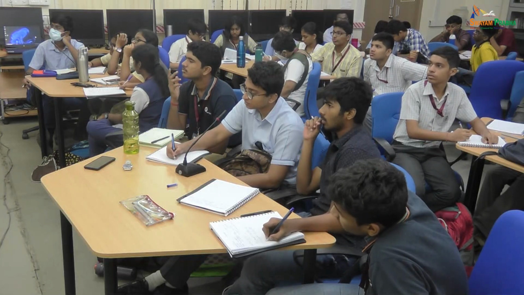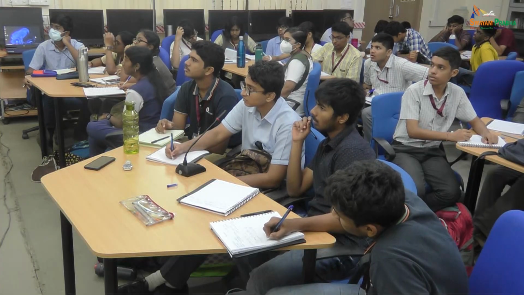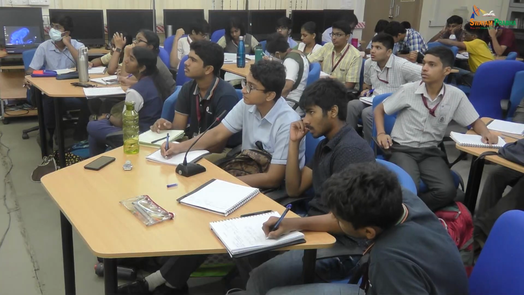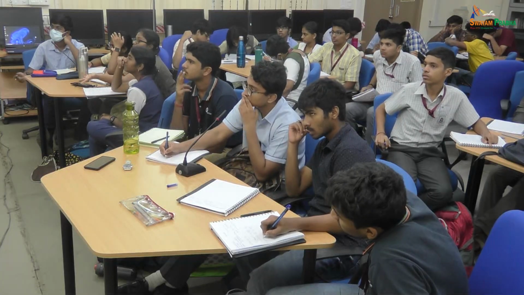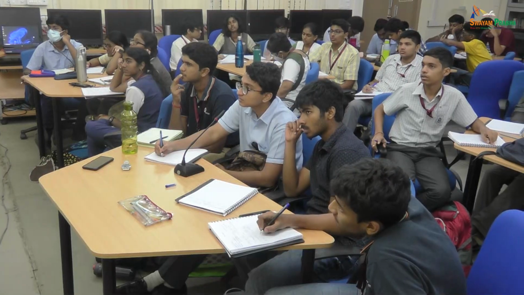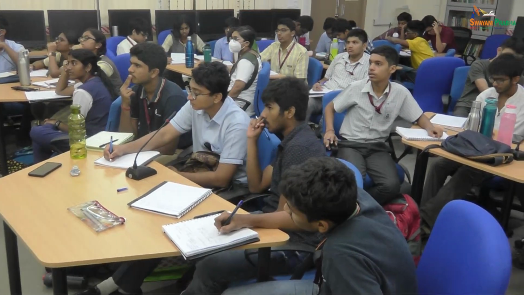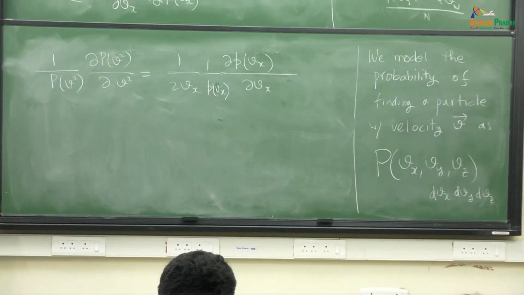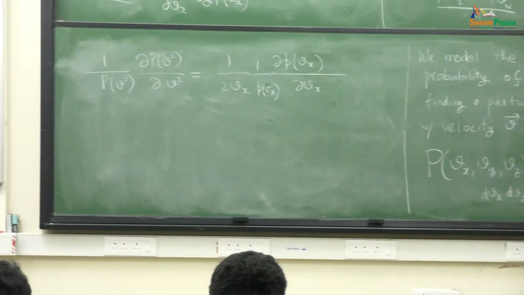When can a function of one variable Vx be equal to a function of three variables? It's through this combination v square. So you can refine your answer now.